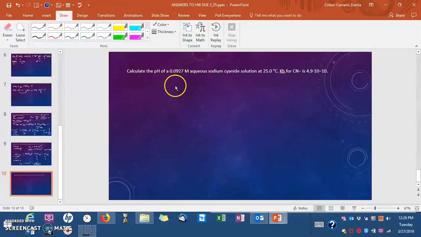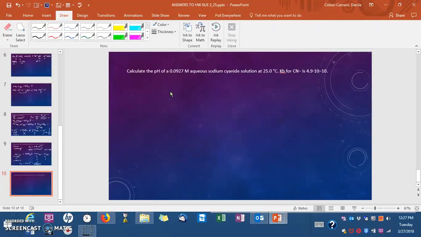So you have the same problem as before, exactly the same concentration, but now pH instead of pOH. Right now we have calculated the pOH. How would you calculate the pH instead?